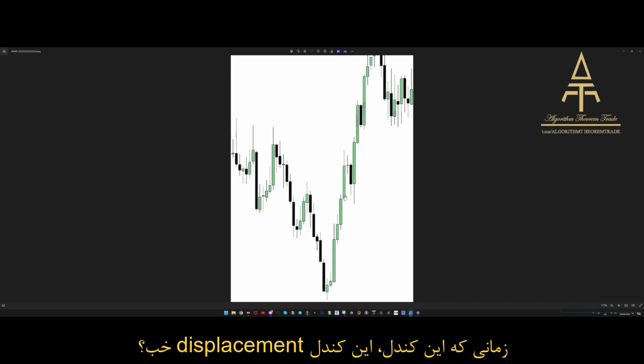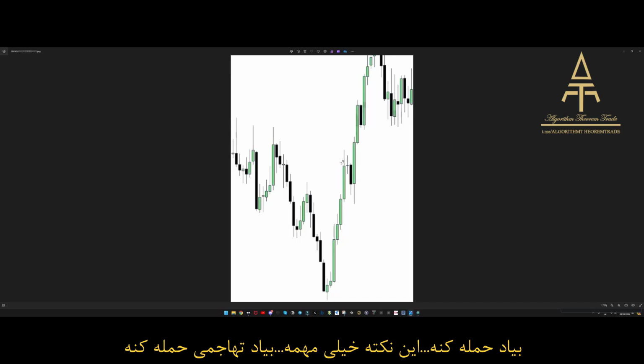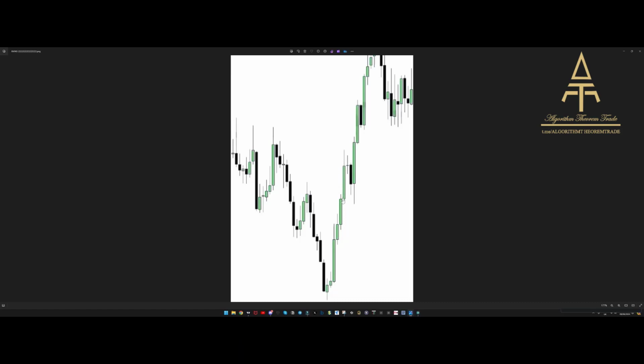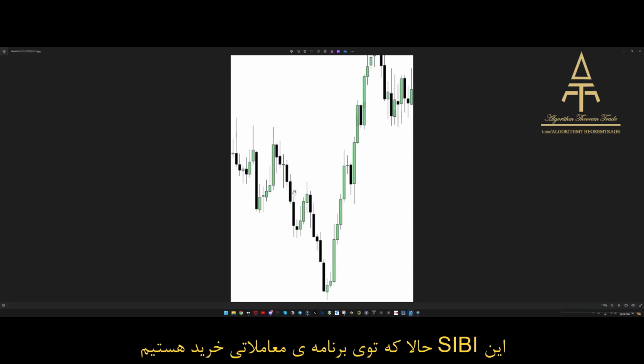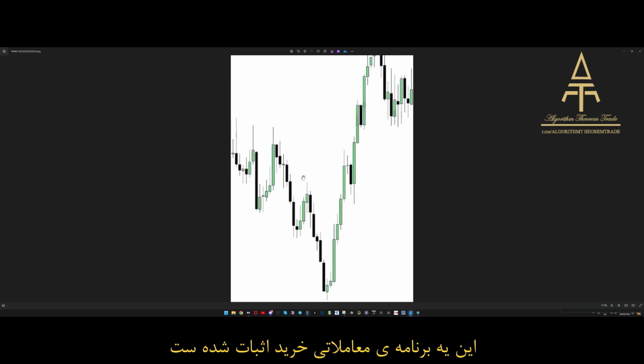Once this candle, this displacement candle, right, violates, this is the key, violates aggressively this SIBI, now we're in a buy program. This is a proven buy program.